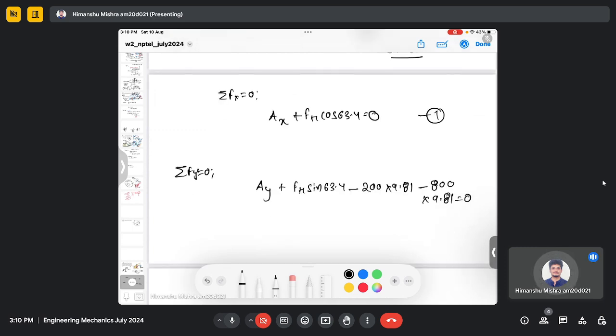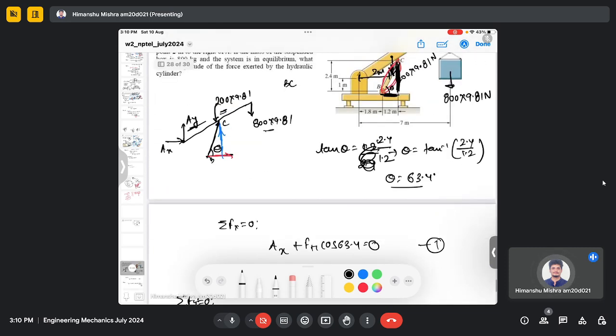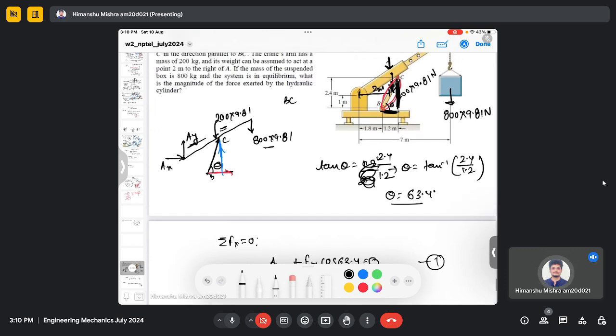From these two equations, there are three unknowns, AX, AY and Fh. So we need a third equation. The third equation will be the moment balance. The summation of moments should be 0.